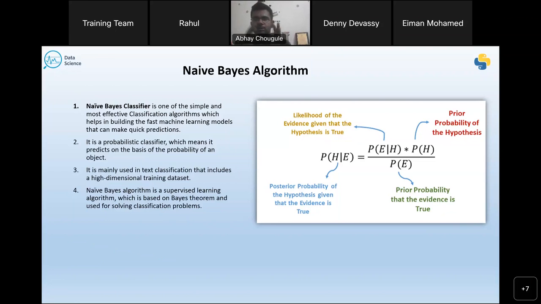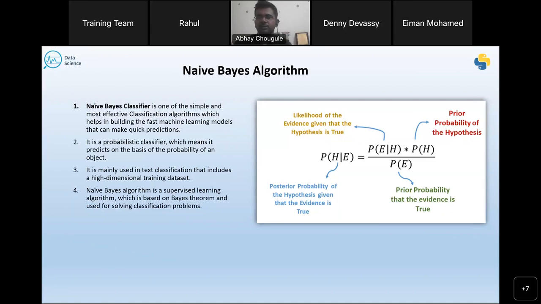So what is probability? The major discussion today is about this. Today's session is most important, so just concentrate on this. First, the Naive Bayes classifier, and the second thing we have to discuss is the formula. Naive Bayes classifier is mainly used for text classification and multi-classification.